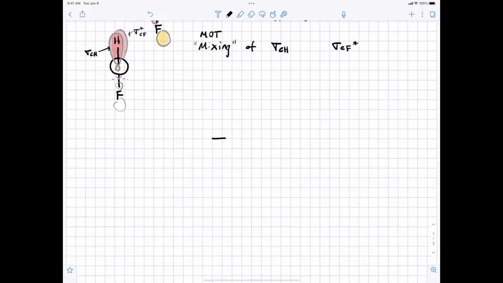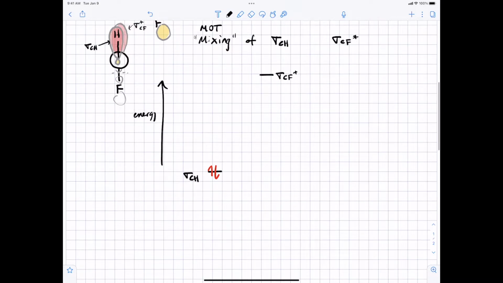So if we've got energy here, the sigma CH bonding orbital has electrons in it, and it will be at some level, and then much higher up in energy will be the carbon-fluorine sigma star, which is empty. And this is perfectly fine. We've done things before where we've made bonds by bringing together two orbitals, each with one electron, and then we make a bonding orbital. But how many electrons each partner has isn't important.